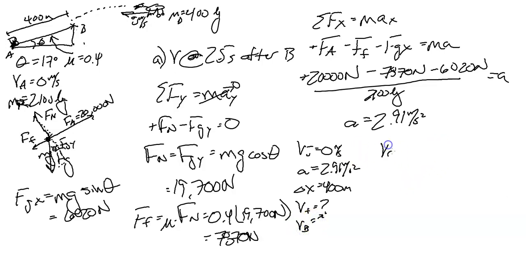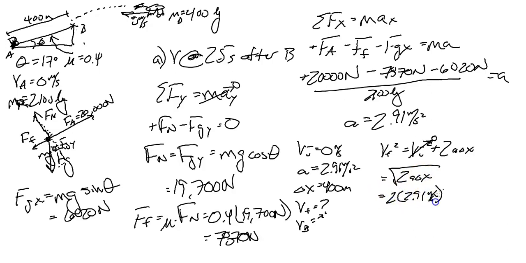Okay, so that's velocity final squared equals velocity initial squared plus 2a delta x. Velocity initial is 0, so square root both sides. You get the square root of 2a delta x. Once again, plug in numbers in. 2 times 2.91 meters per second squared times 400 meters, square root the whole thing. Now, anytime I square root, I always check the plus or minus. Does it make sense?